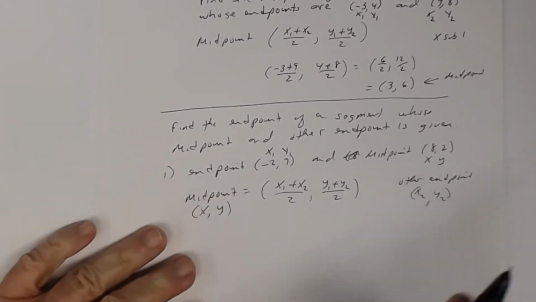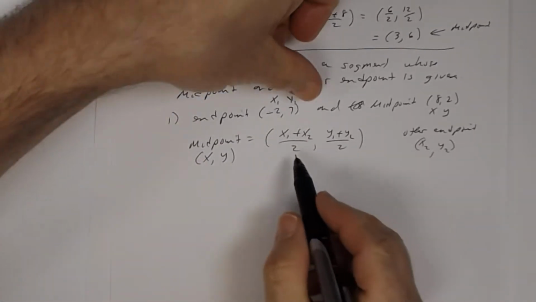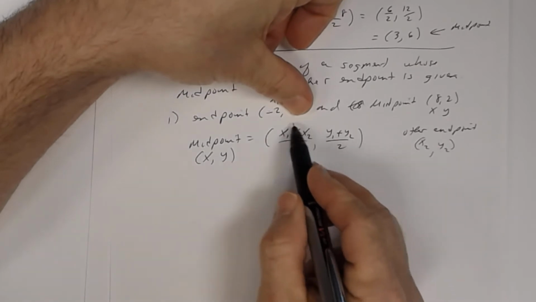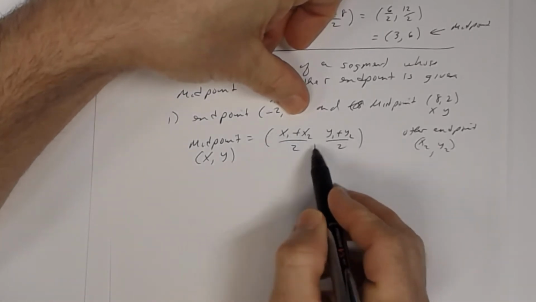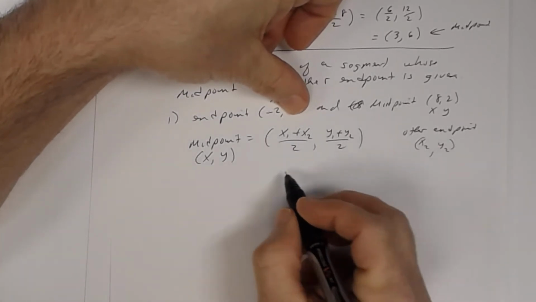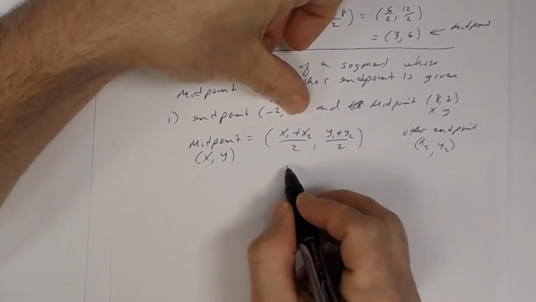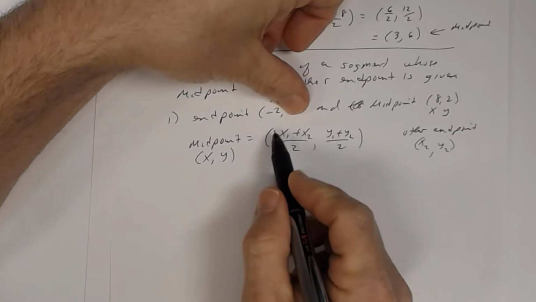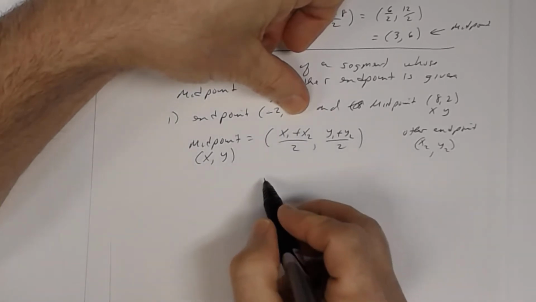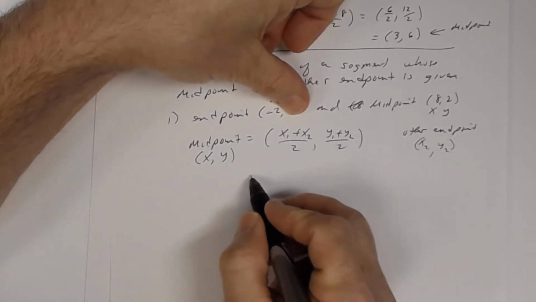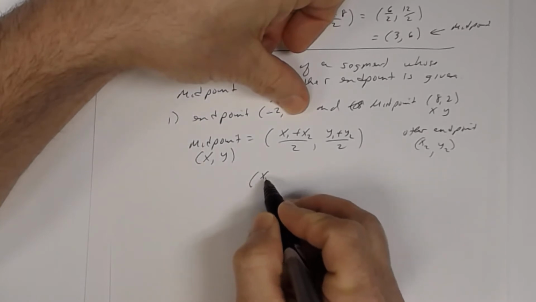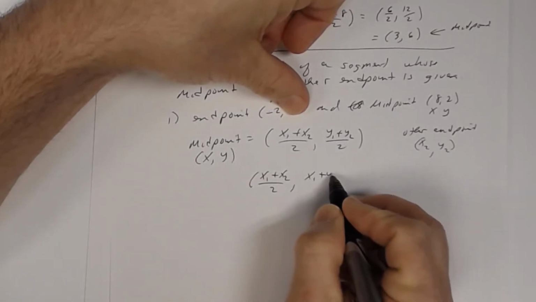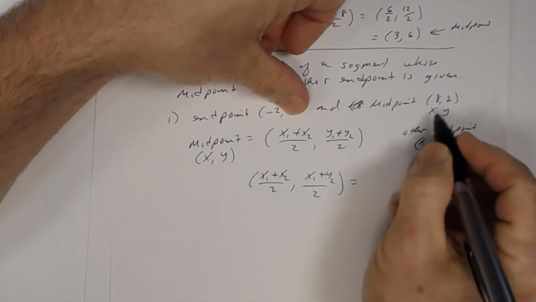All right, so here's what you would then do. You know that the x coordinate of the midpoint is 8, correct? So you're going to say (x1 plus x2) divided by 2, comma, (y1 plus y2) divided by 2 is equal to (8, 2).